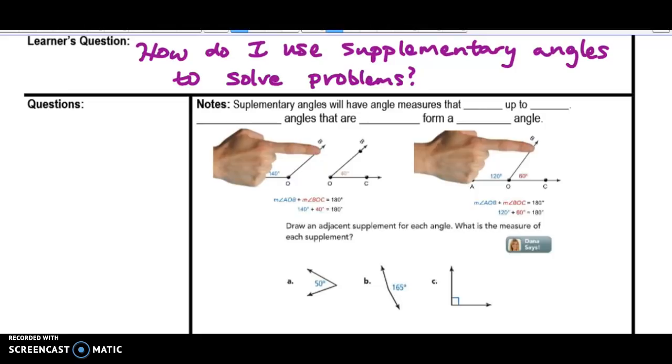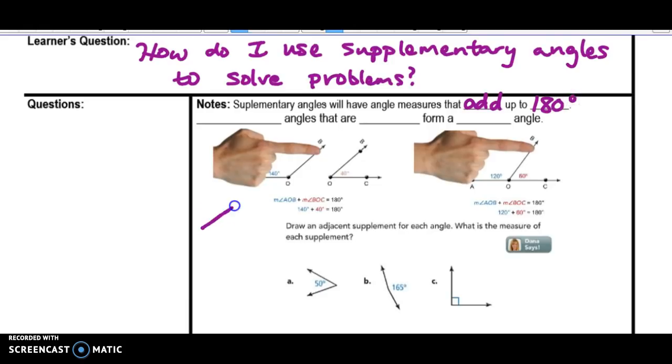So today we're looking at how do I use supplementary angles to solve problems. We are looking at a different type of angle relationship, and supplementary angles are ones that have angle measures that add to 180 degrees.